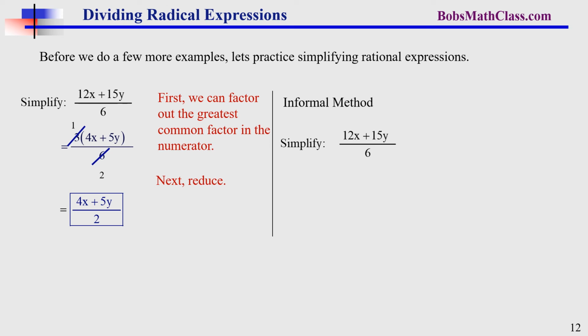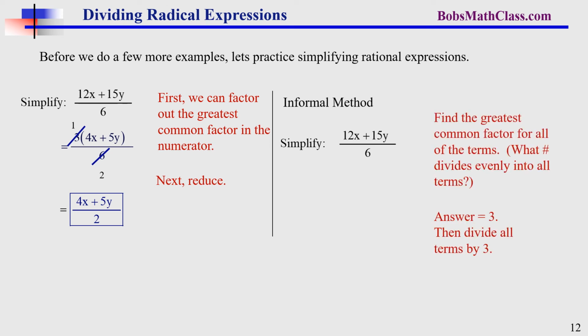What we're going to do is we're going to find the greatest common factor, the GCF, for all terms. So look at the 6, the 12, and the 15. What number goes into all three numbers? And the answer is 3. So what we're going to do is we're not going to factor. We're just going to divide all of them, and this has to be done with all of them.